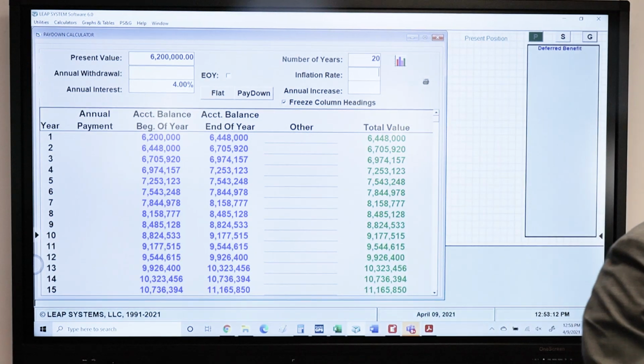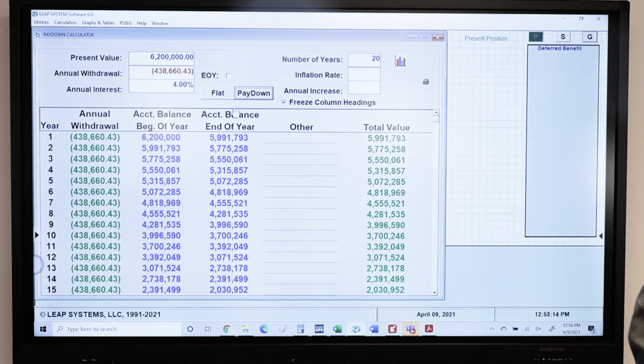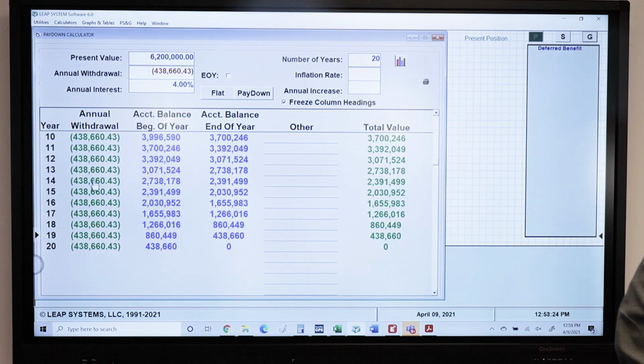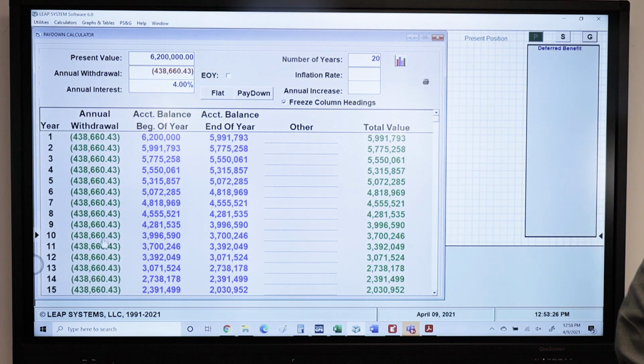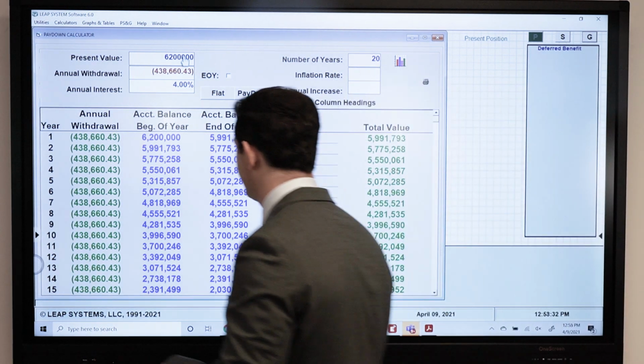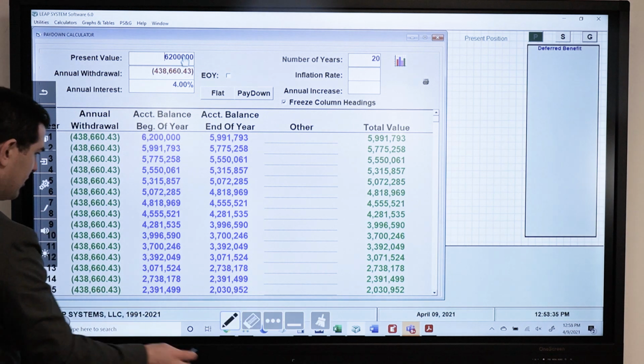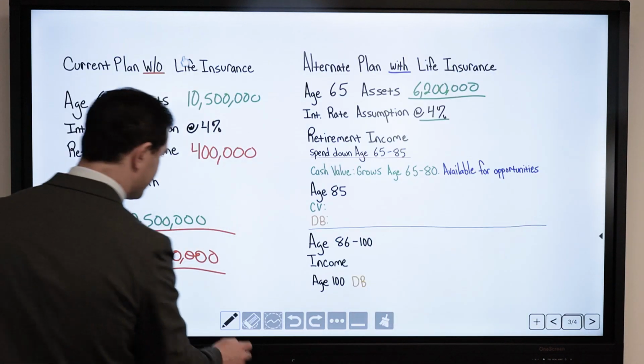All right. So let's take a look here. What does this allow me to do? Look at that. 6.2, about $440,000 per year, 438. So I took the same 6.2. Income's about the same, a little bit higher. Of course, I'll have more tax there, but still, let's call it 440.